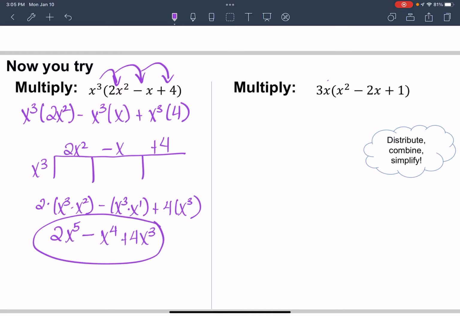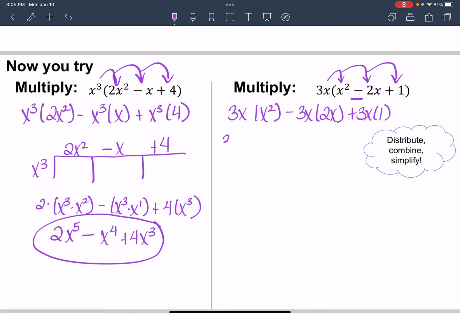Now you can multiply this one, 3x times x squared minus 2x plus 1, whichever way you prefer. I'm going to write it out using the distributive property. So 3x times x squared minus 3x times 2x. Remember, don't forget those negative signs. Plus 3x times 1.